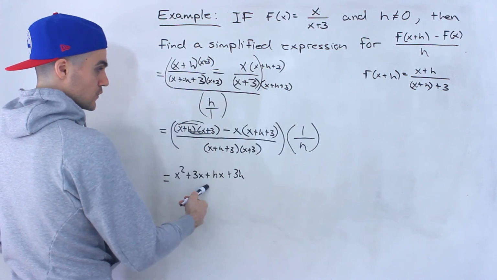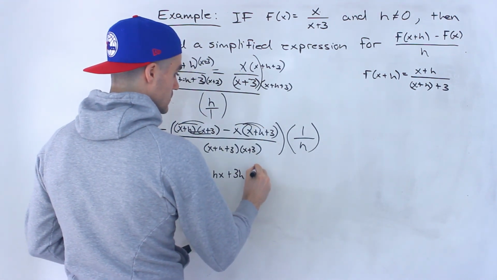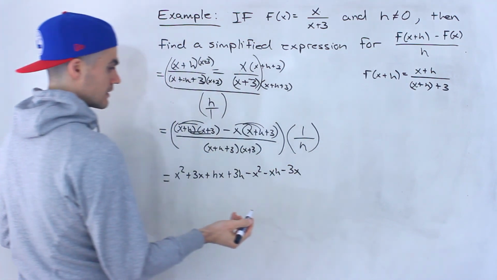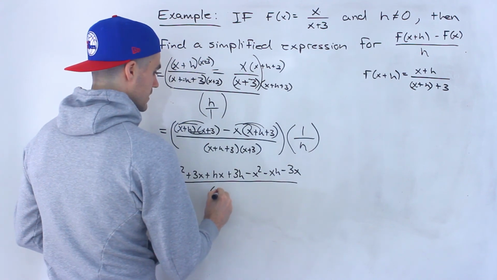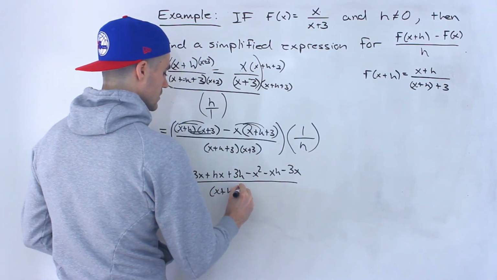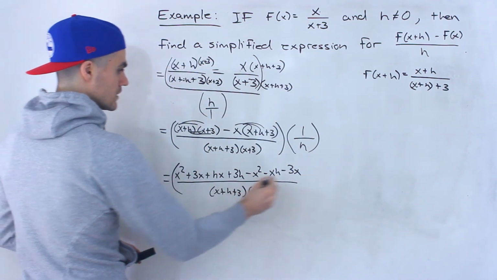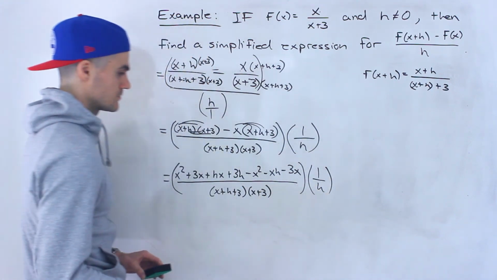So these two brackets FOIL out to this, and then this negative x we would distribute. So we'd have minus x squared minus xh minus 3x, like that. And that's going to be all over x plus h plus 3 times x plus 3. And then all of this we're going to multiply still by the 1 over h.